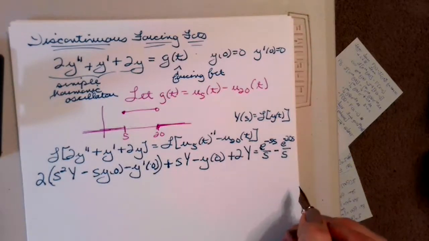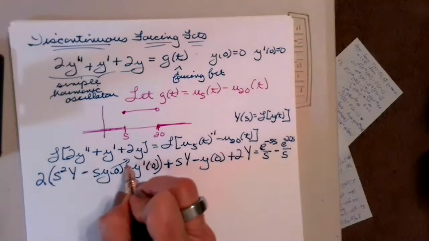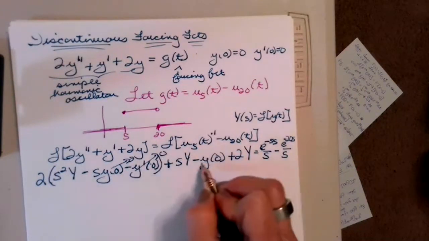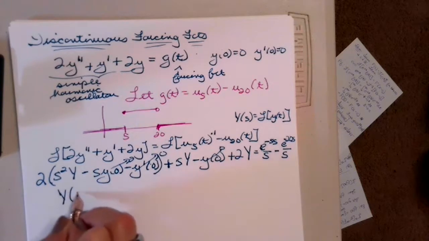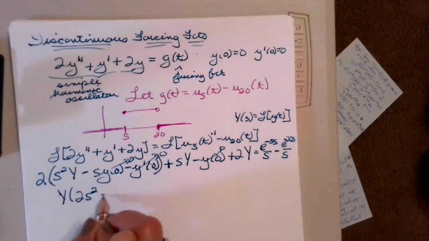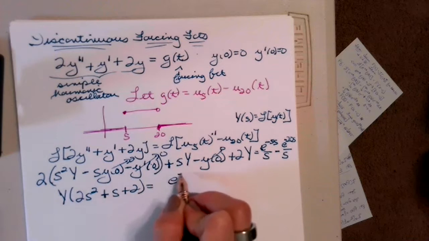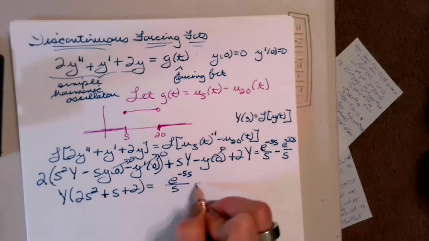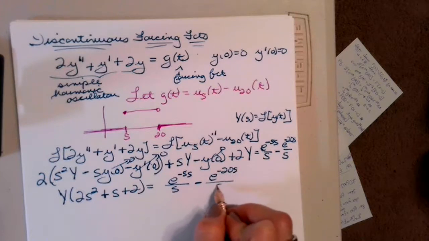Okay, so now let's see what we have left. Now y of 0 and y prime of 0 are both 0. So this goes, and this goes. And everything else on this left-hand side has a Y in it. So let me factor out the capital Y. Then we have 2s squared plus s plus 2, times Y, is equal to e to the minus 5s over s minus e to the minus 20s over s.